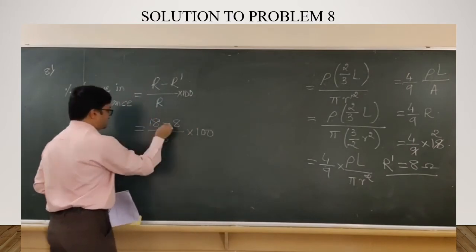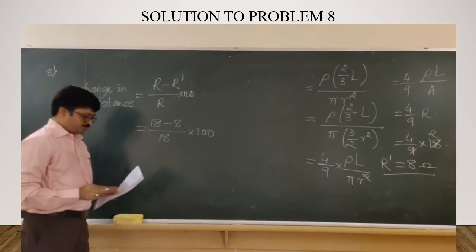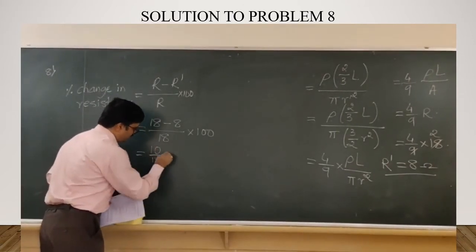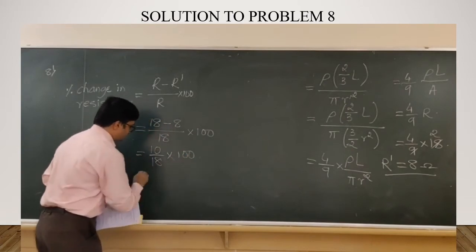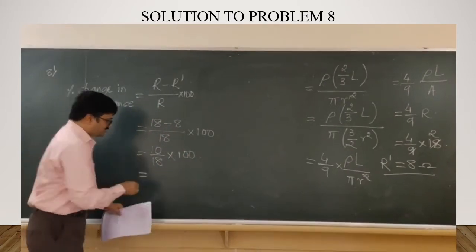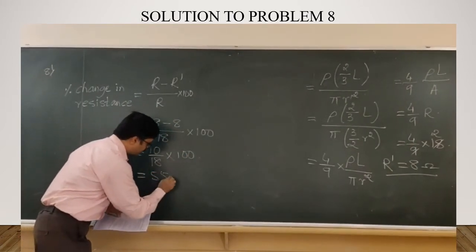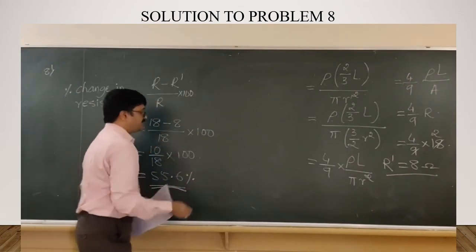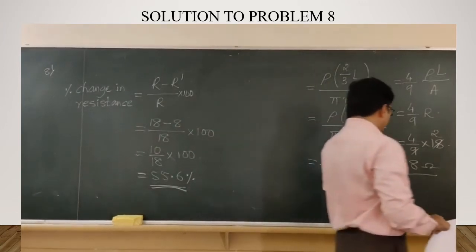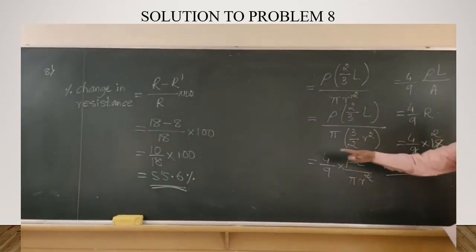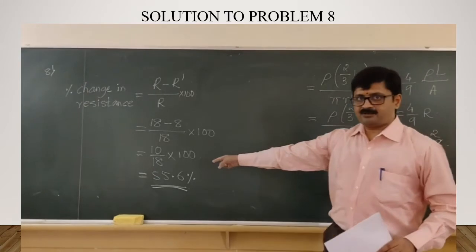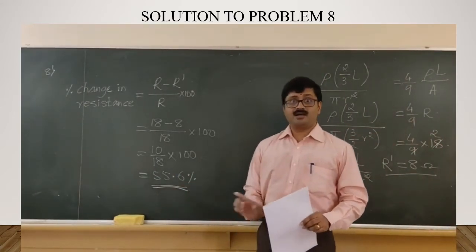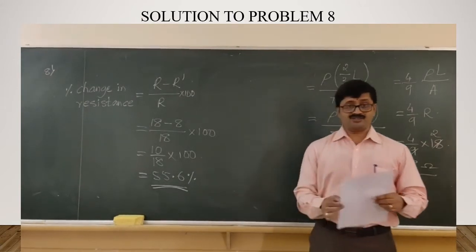So this is 10 by 18 into 100, which is approximately 55.6%. So new resistance is 8 ohm and percentage change in resistance is 55.6%. I hope this particular approach is clear to you all.